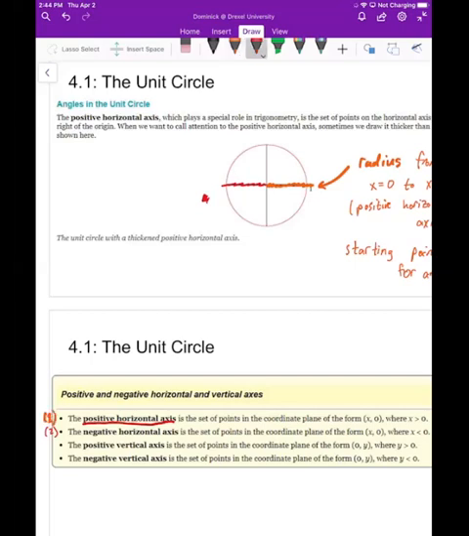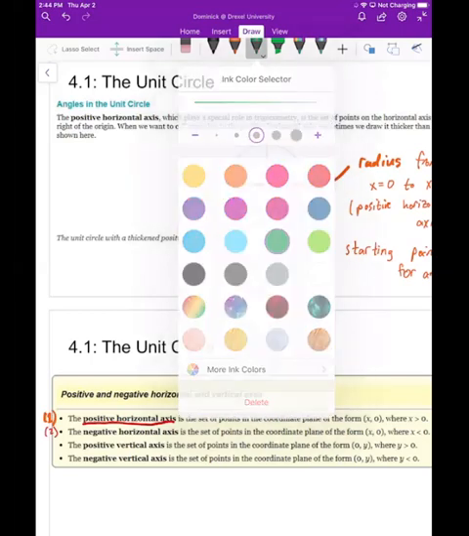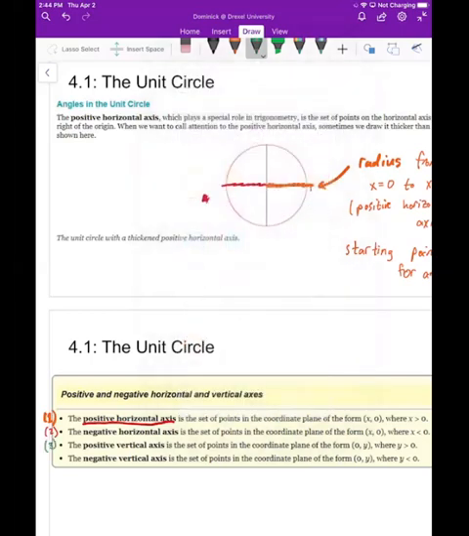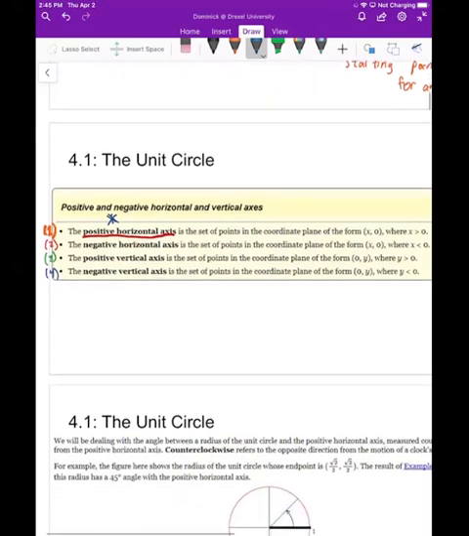Now the positive vertical axis, if I call this 3, is this radius here, because that's where you have positive values on your vertical axis. And then last but not least, the negative vertical axis is this one here. But again, most of the time our attention is going to be focused on the positive horizontal axis.